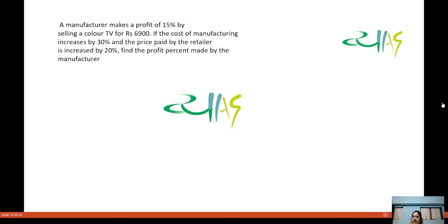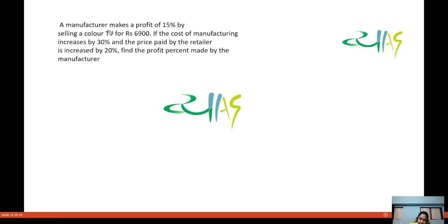Now look at this thing. A manufacturer makes a profit of 15% by selling a color TV for rupees 6900. If the cost of manufacturing increases by 30% and the price paid by the retailer increased by 20%, find the profit percent made by the manufacturer.